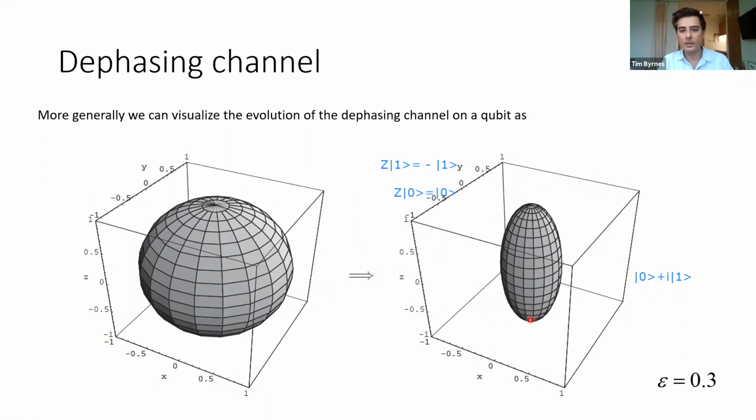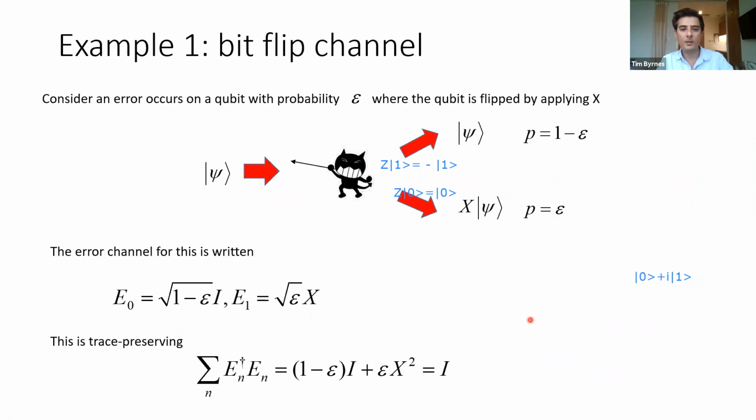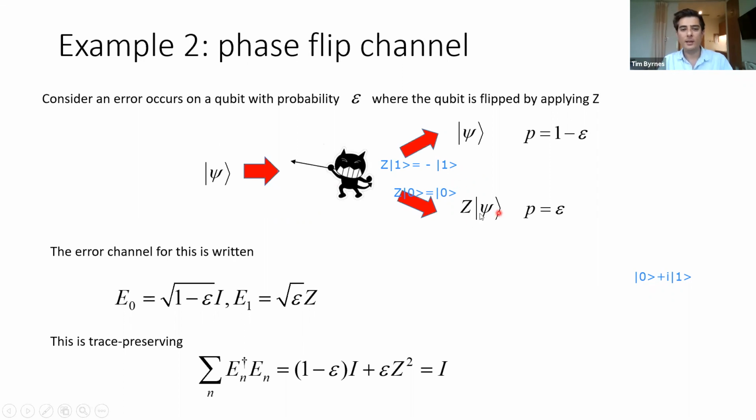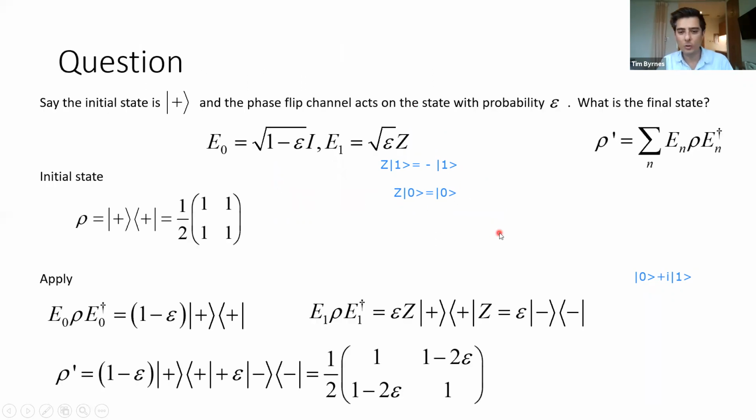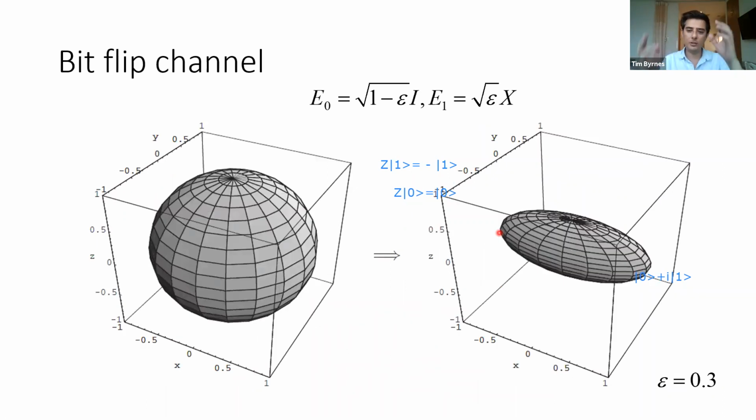That makes total sense, because the only difference is that the bit flip channel applies X, and the phase flip channel applies Z. So it should be basically the same thing up to some rotation. Of course we can think of something like a Y flip channel as well, where Y is applied.